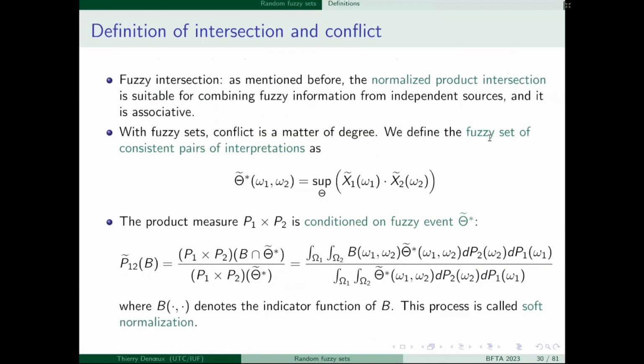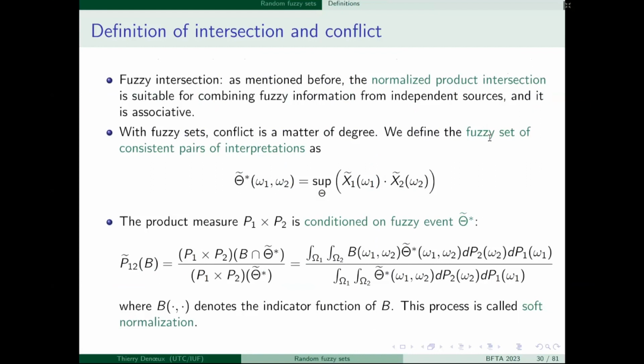So here for fuzzy intersection, as I mentioned before, we take the normalized product intersection operator. And now the conflict. With sets, the conflict is all or nothing, because if you have two sets, either they intersect and there's no conflict, or they don't intersect and there is full conflict. With fuzzy sets, conflict is a matter of degree. So here we can define the degree of conflict by considering the height of the intersection.